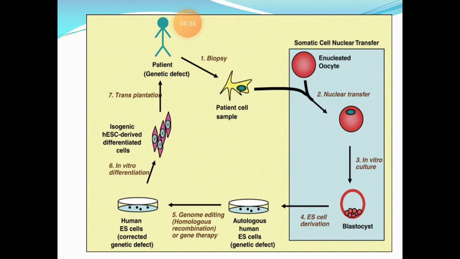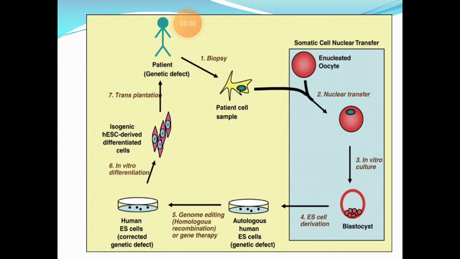And then you have autologous human embryonic stem cells with the genetic defect. You can do genome editing, that is homologous recombination or gene therapy, so that you will get human embryonic stem cells with the corrected gene defect.